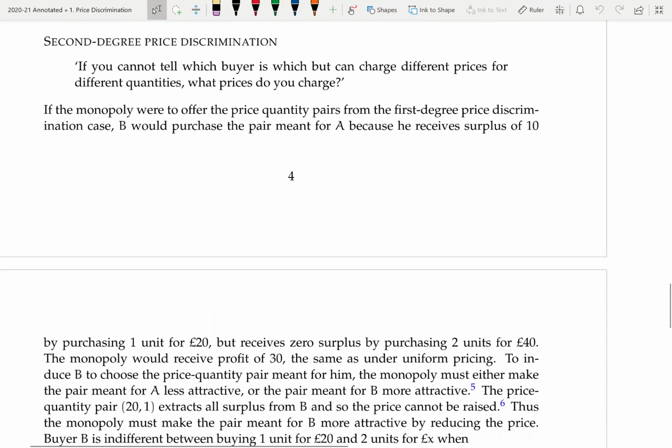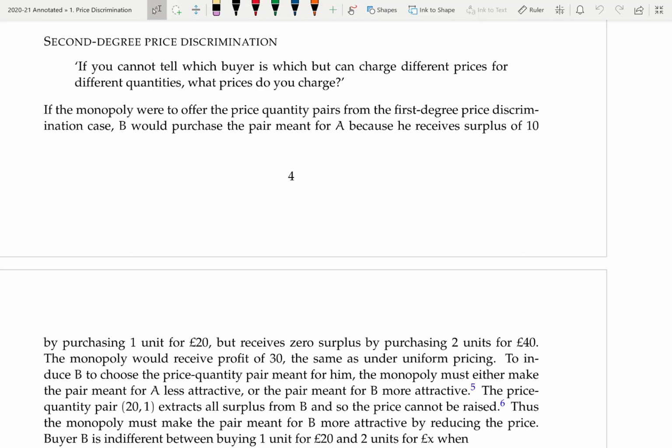Now the last type of price discrimination you're asked to look at in the game is second degree price discrimination. The question you were asked was, if you cannot tell which buyer is which but can charge different prices for different quantities, what prices do you charge? So now the monopoly is no longer able to offer different things to each consumer. They have to offer the same things to both.